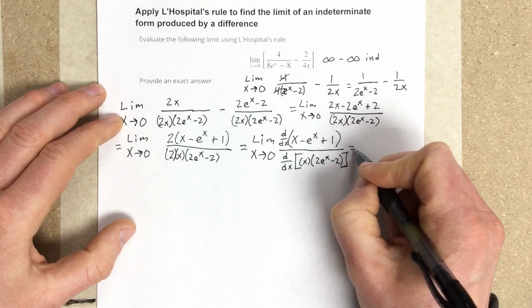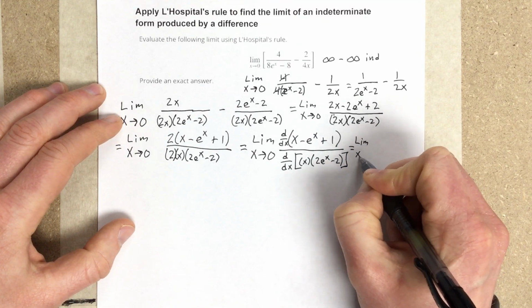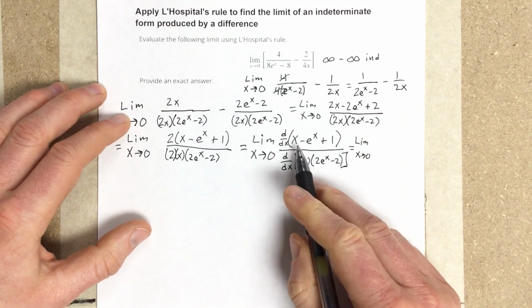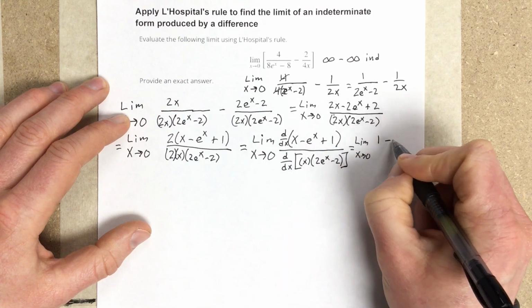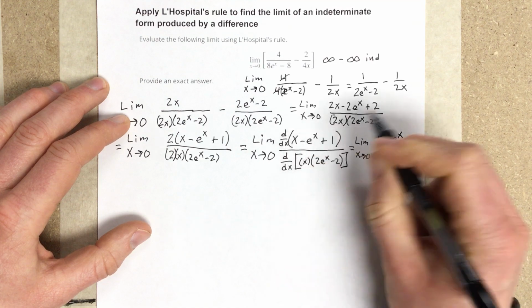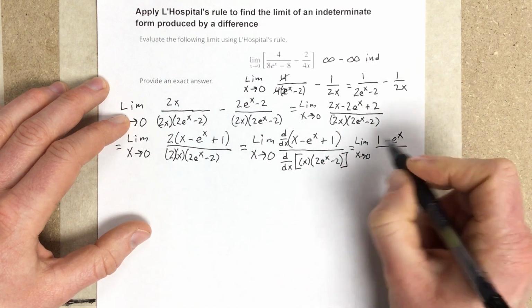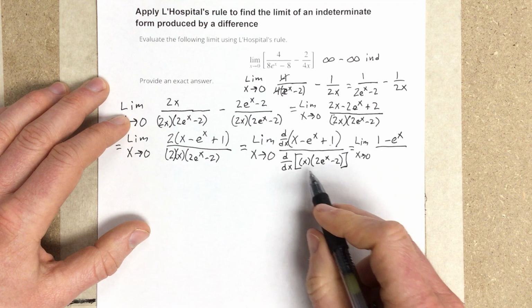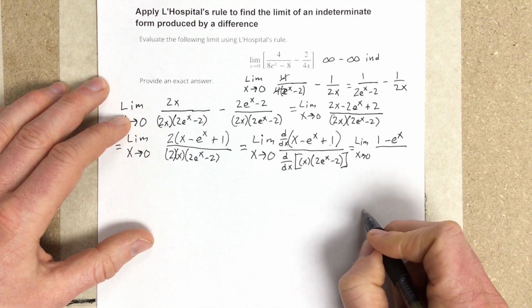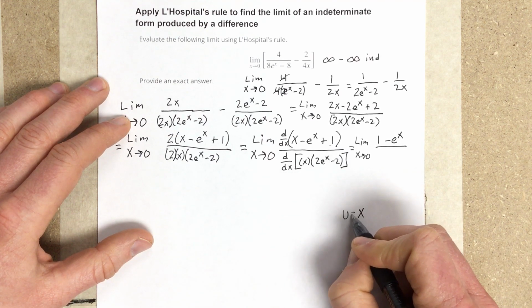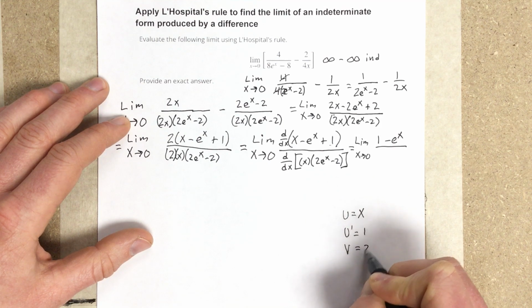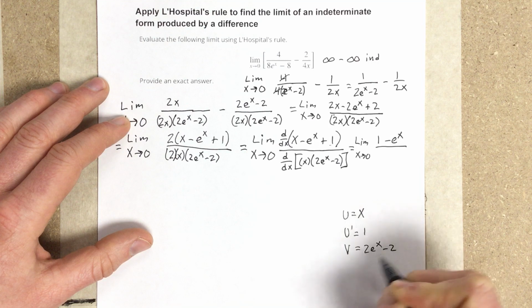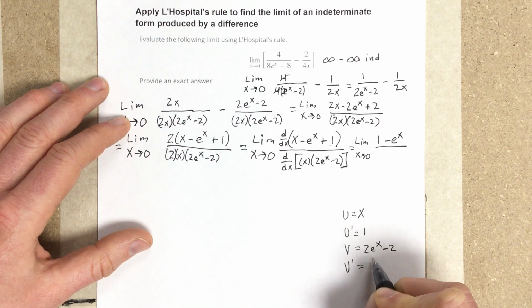When I take the derivative of the top, I get 1, since the derivative of x is 1, minus e to the x, because the derivative of e to the x is itself, and the derivative of a constant is 0. Now for the bottom I have a product rule, so u is equal to x, u prime is equal to 1, v is equal to 2e to the x minus 2, and v prime would be just 2e to the x.